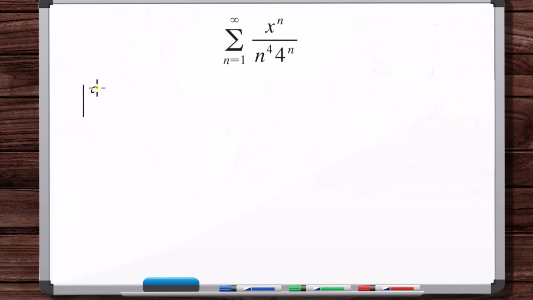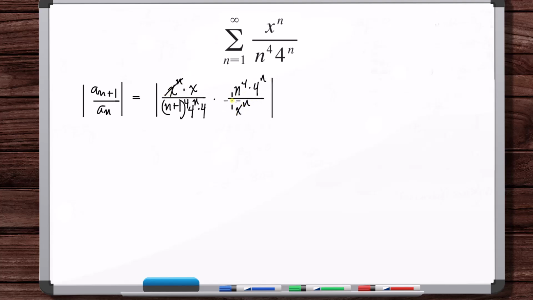Let's do the ratio test. So x to the n plus 1 is x to the n times x. Then we've got n plus 1 to the 4th, and 4 to the n plus 1 is 4 to the n times 4. Then that cancels.